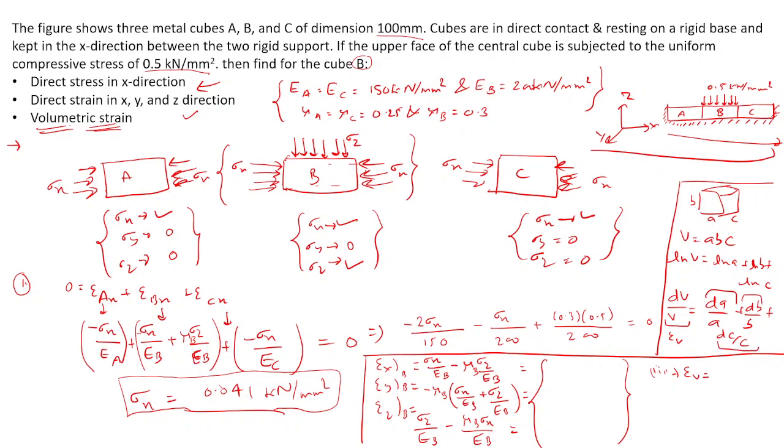Yes. So in order to find the volumetric strain in the cube, we simply add the strain in all three directions. So the volumetric strain in B would be the linear strain in B in the x direction, plus the linear strain in the y direction, plus the linear strain in the z direction.